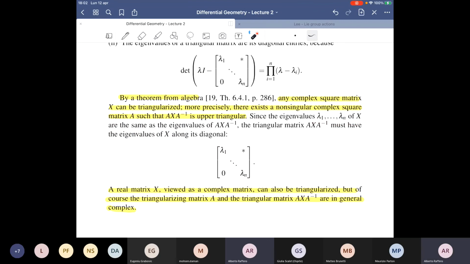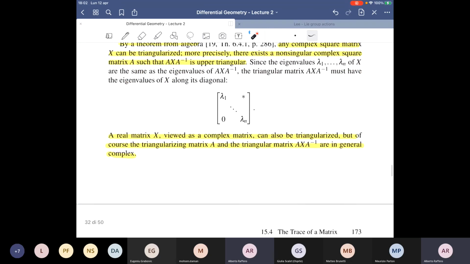Of course, you can repeat this also over the real numbers because a real matrix can be viewed as a complex matrix, so it can be triangularized. The difference would be that A will be a complex matrix instead of a real matrix.